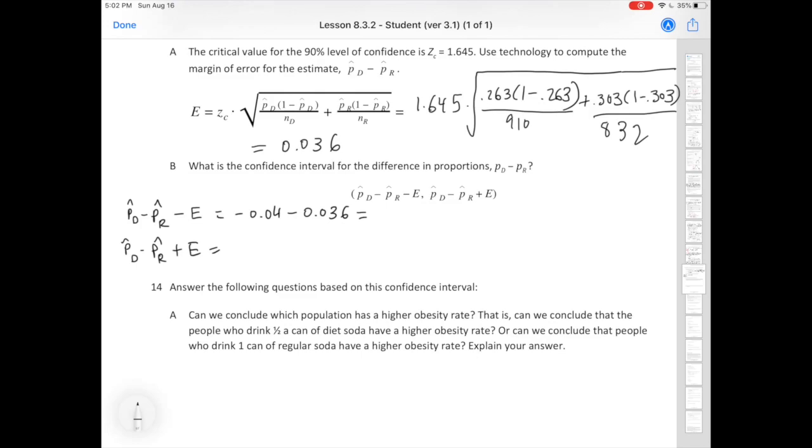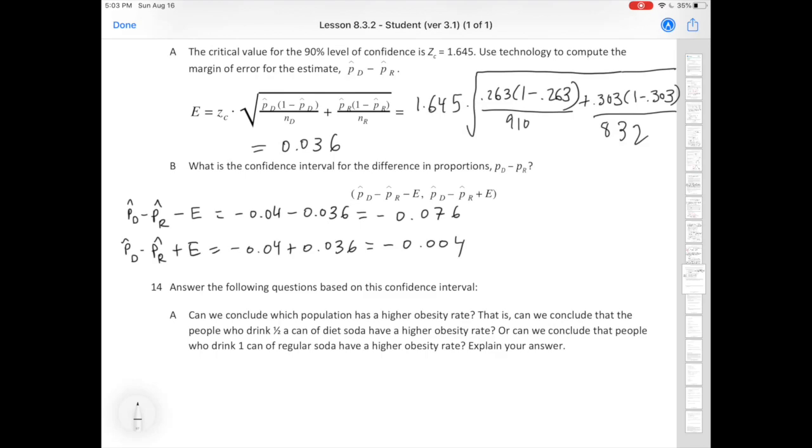If you put that in your calculator, you should get negative 0.076, okay? And then if you do negative 0.04 plus 0.036, I get negative 0.004.